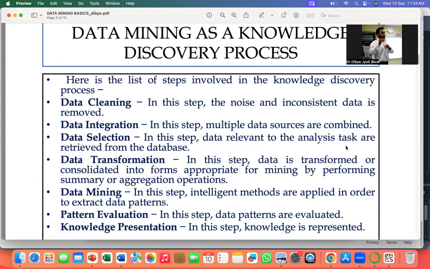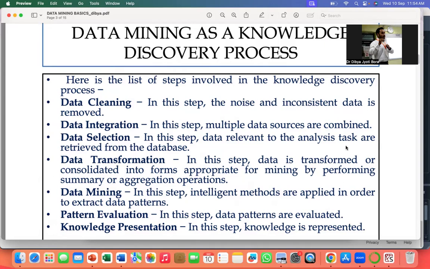Then data transformation. Here we transform or consolidate the data into particular forms that are appropriate for mining by performing summary or aggregation operations.